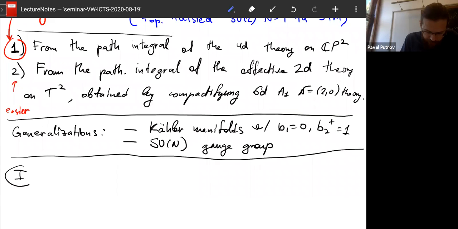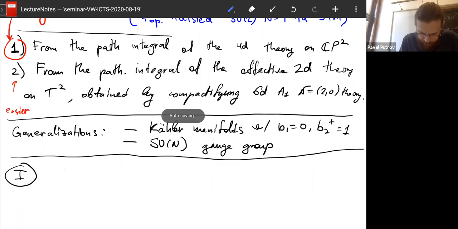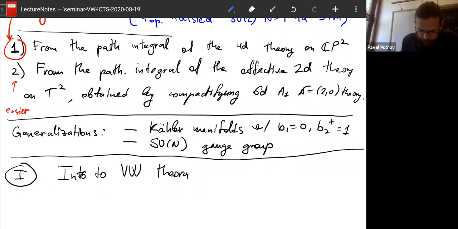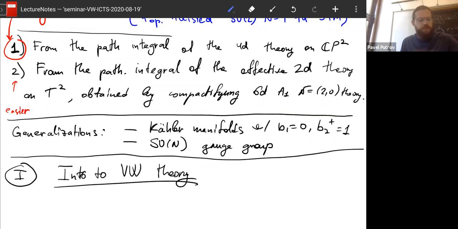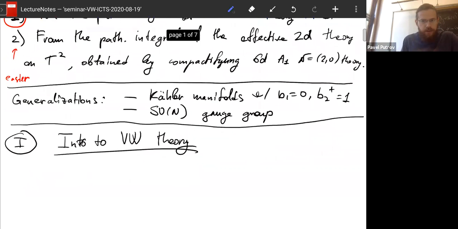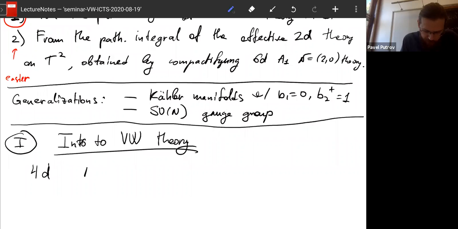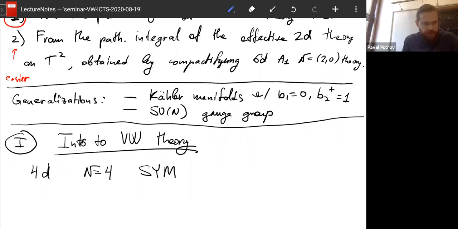So let me start by giving a very brief introduction to Vafa-Witten theory. As already mentioned, one should start with four-dimensional N=4 super-Yang-Mills theory.